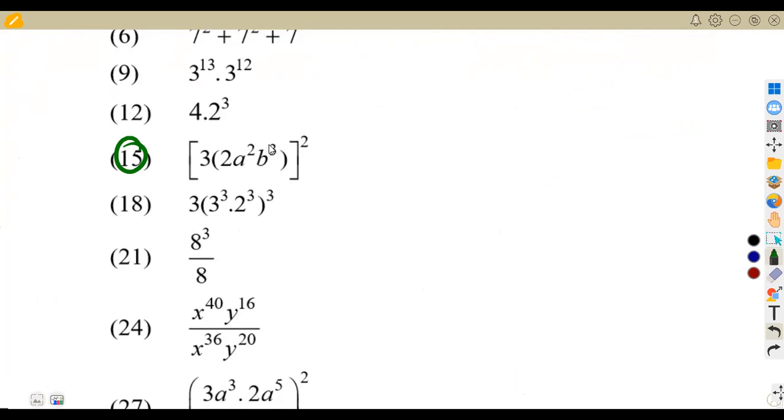So if we consider this, we have a 3, then a bracket with 2a squared b to the exponent of 3, and everything is being raised to the exponent of 2.